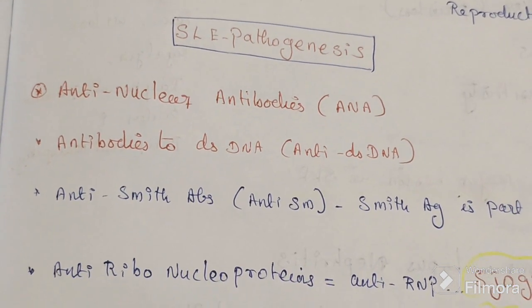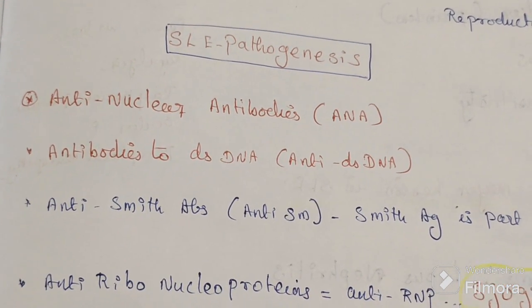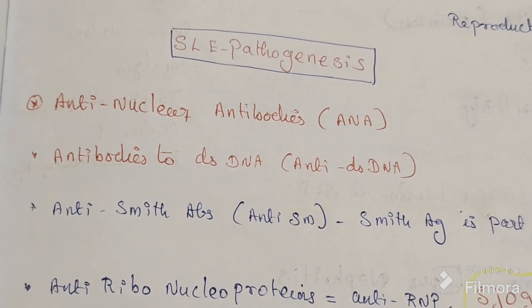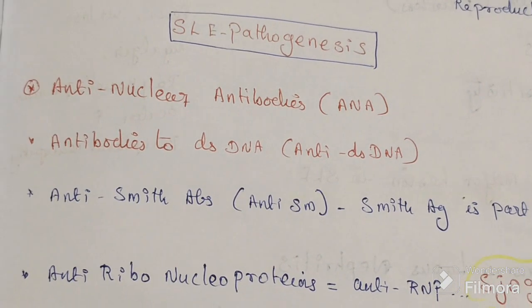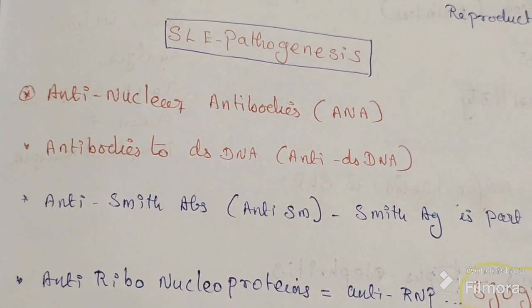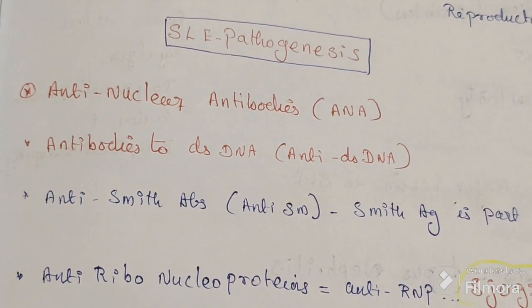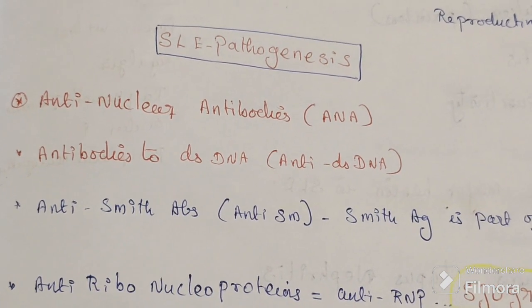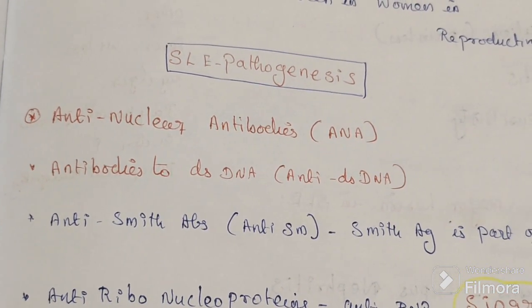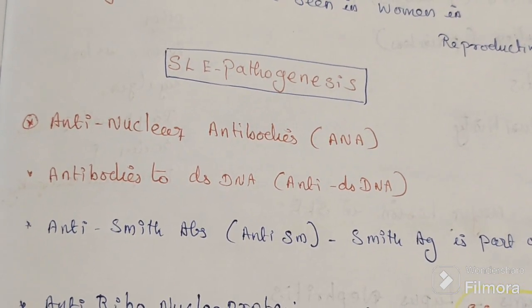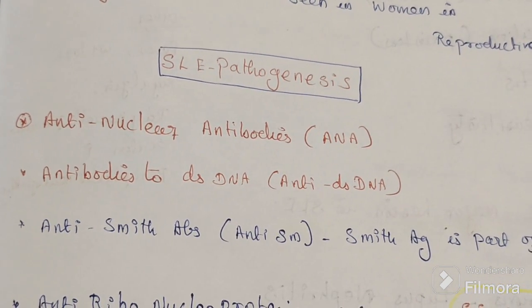The first one is ANA, that is, anti-nuclear antibodies. These antibodies are commonly against nuclear antigens, including DNA and RNA.